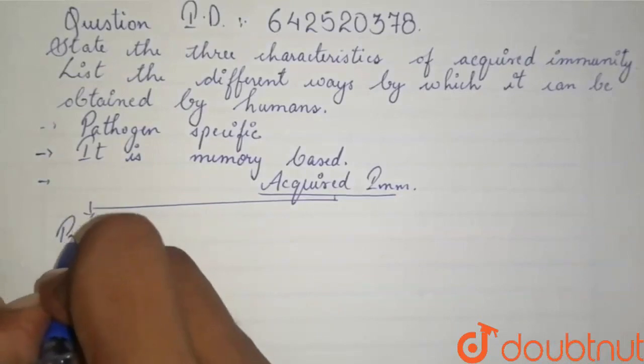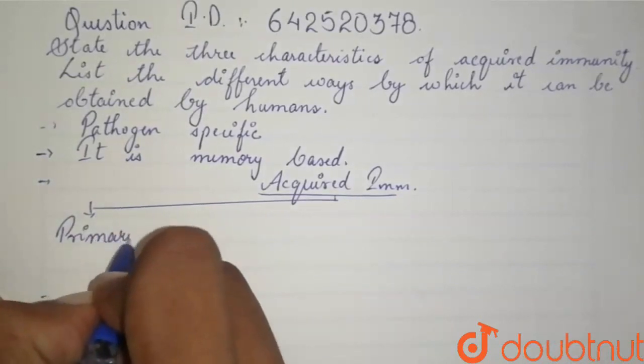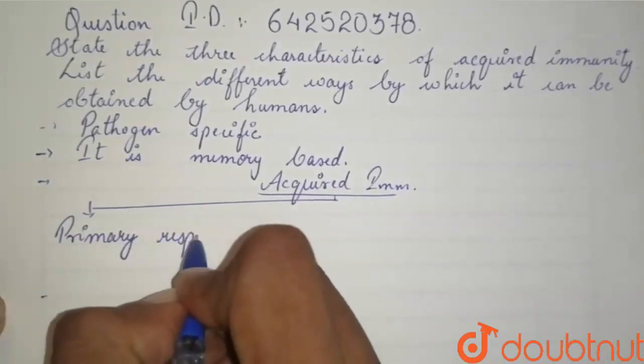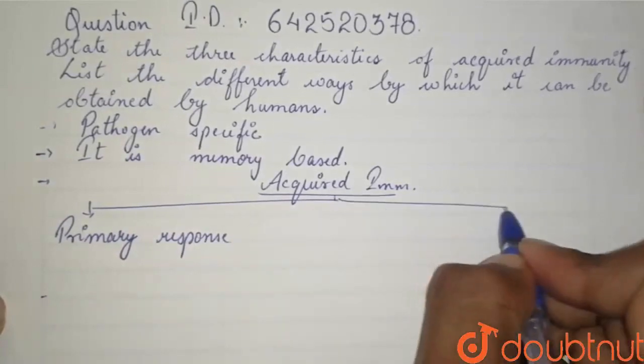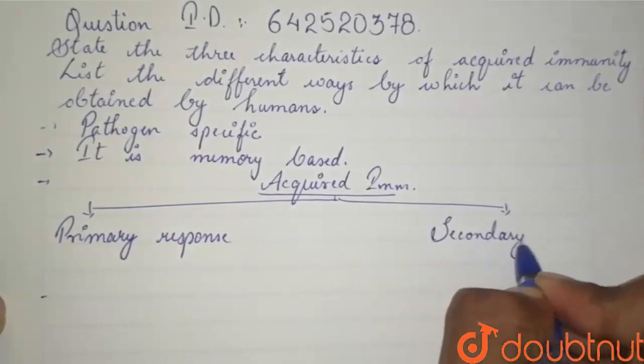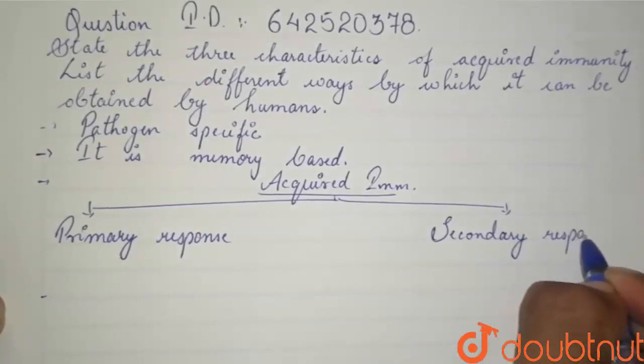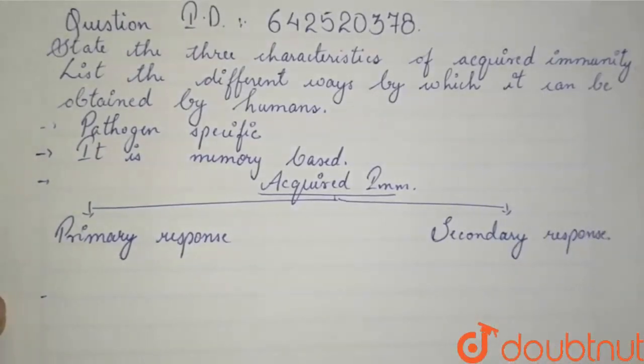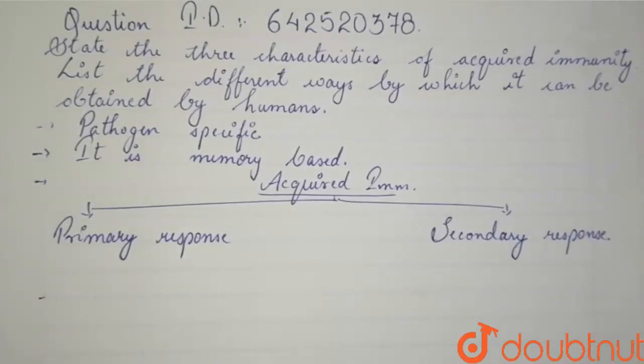First is the primary response, and the next is the secondary response. As I said, when the body encounters the pathogen for the first time, that is, after birth, the first encounter of the body with a particular pathogen creates the primary response.